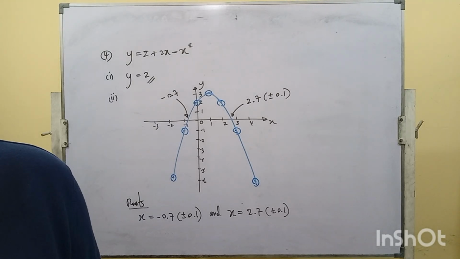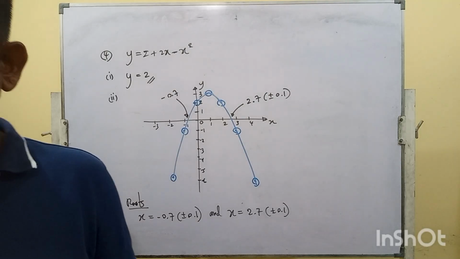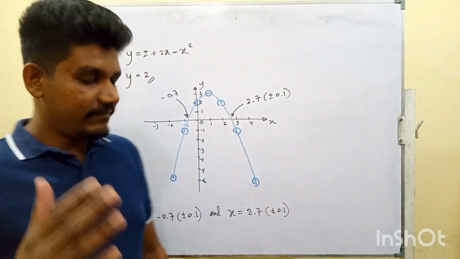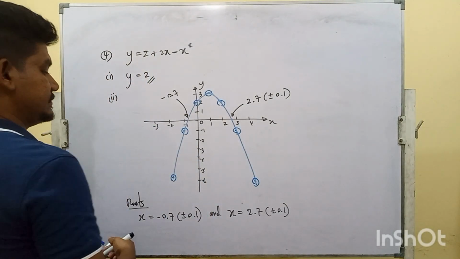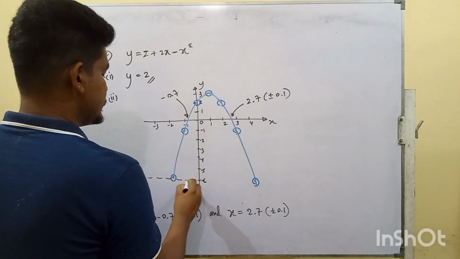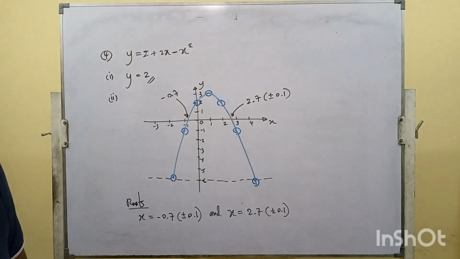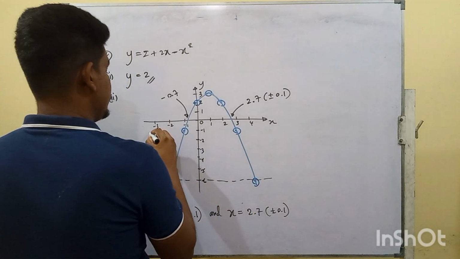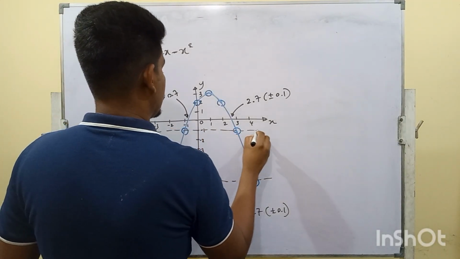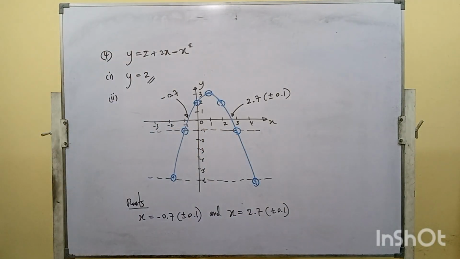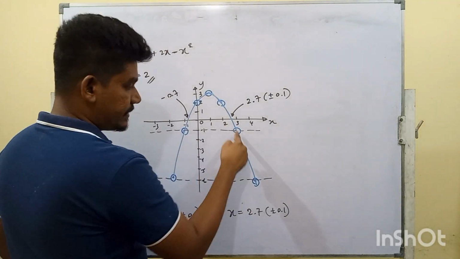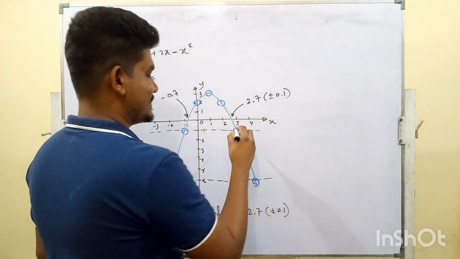Then Roman number 2 of part B. Write the range of x values where the function is decreasing. The function is decreasing in this range, right? So what is the range?